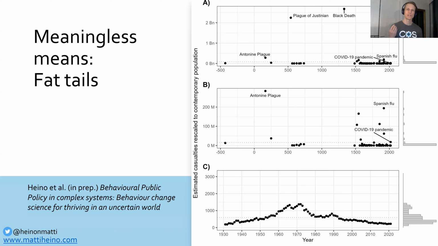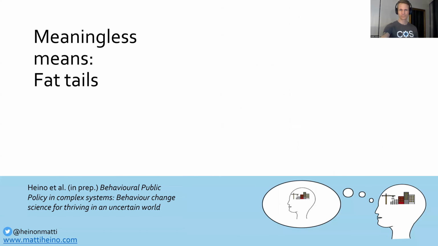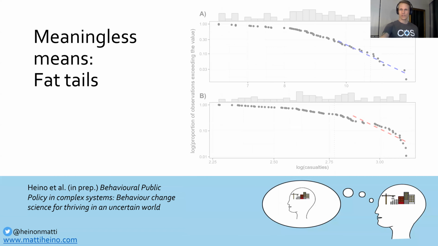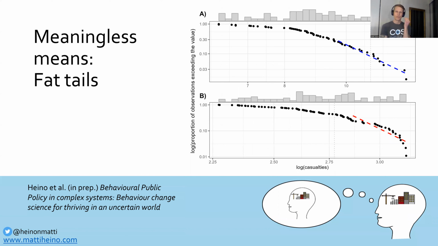And reasons for this have to do with global connectedness, interconnections, and we will speak about that when we discuss complex systems and risk management in more detail later in this course. And the interesting thing about fat tails and thin tails is that, so let's say you rank each observation.